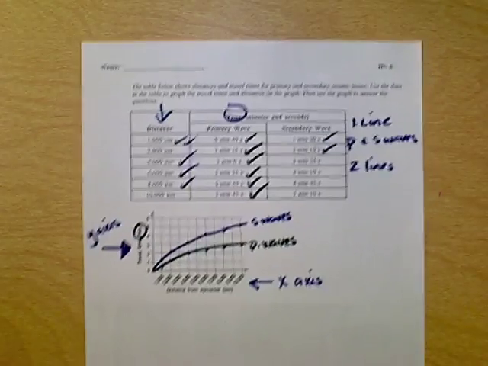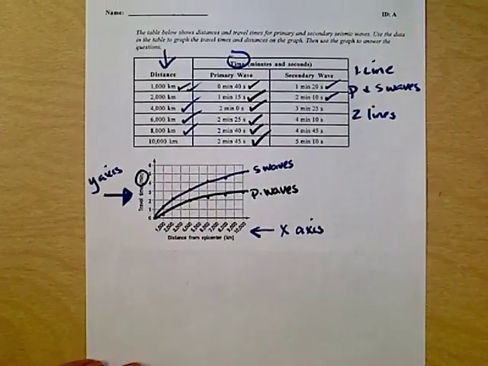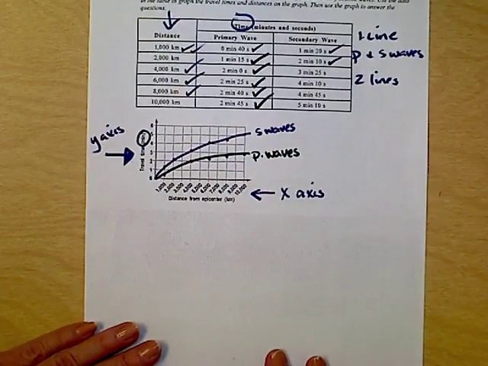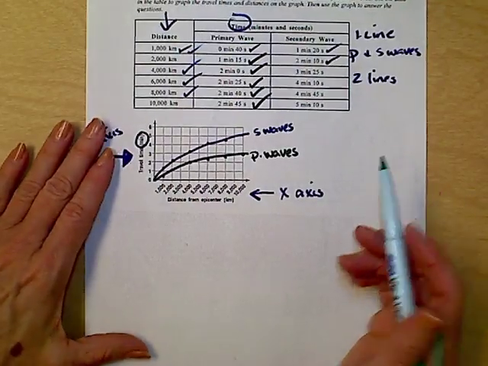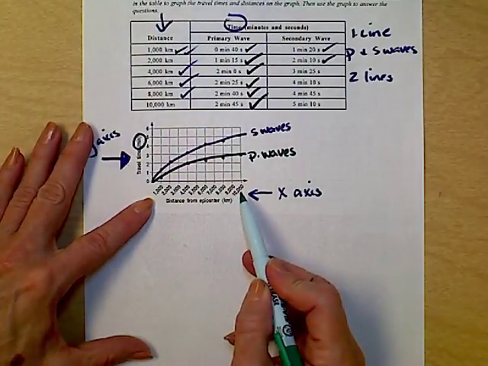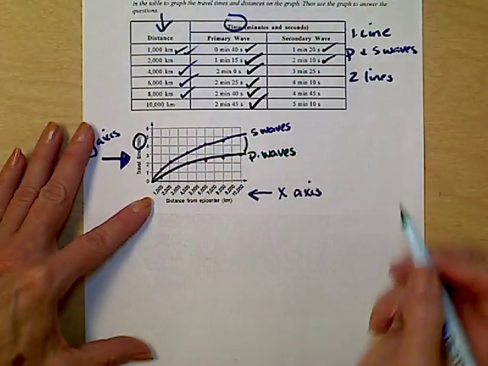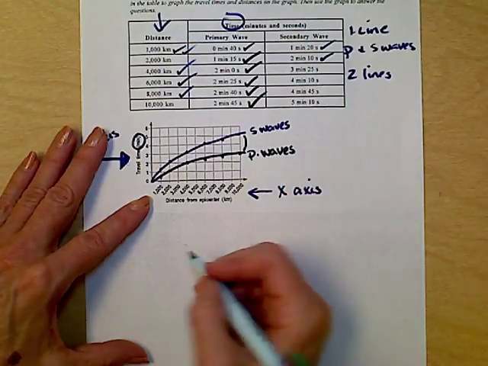And let's take a look at this graph and see what we notice about the graph itself. All right? If I'm looking at the graph itself, as I go further down, what happens to my space here? It increases.